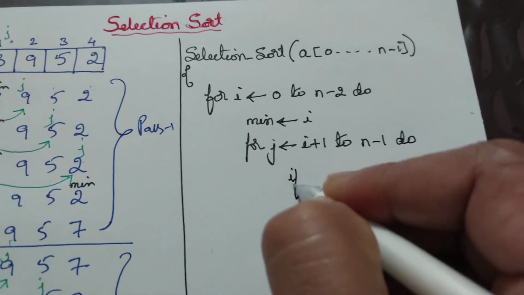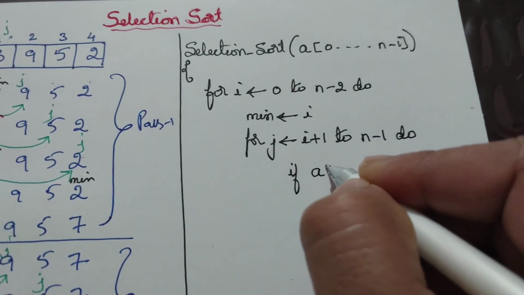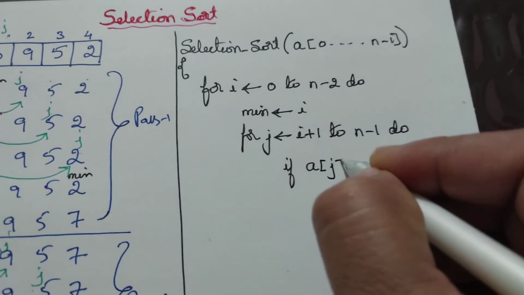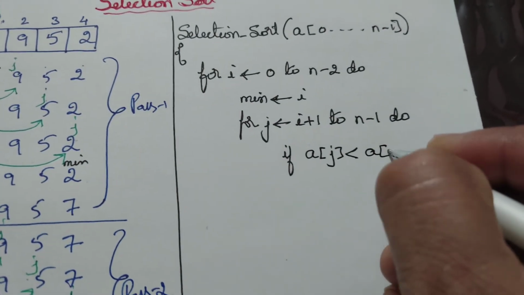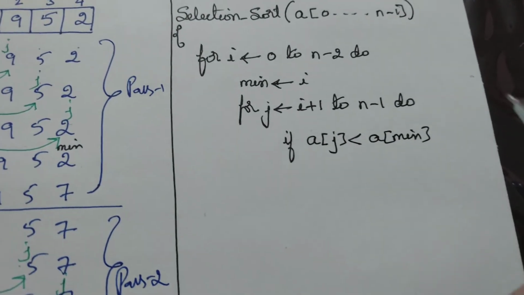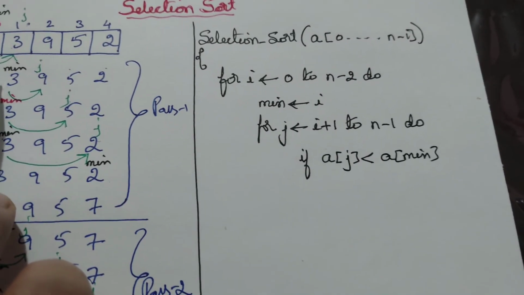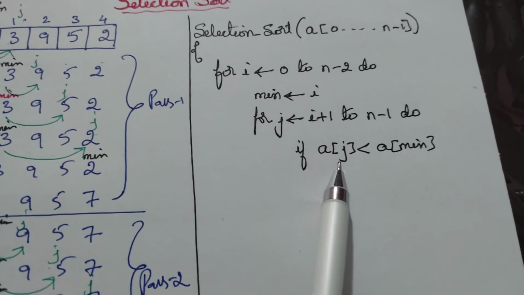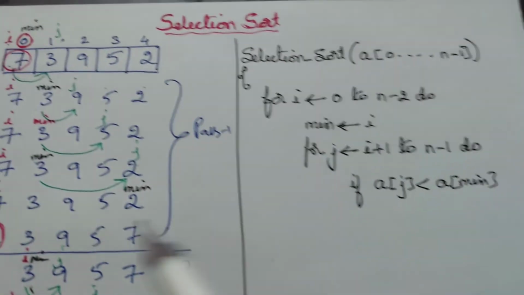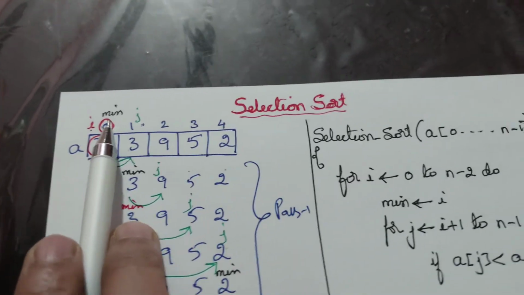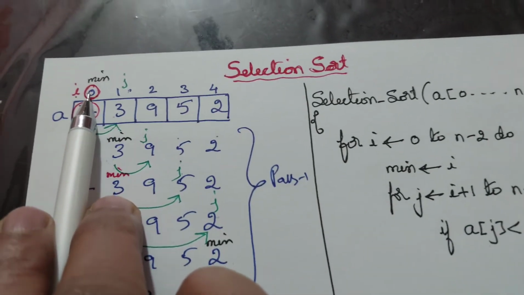Now we have to write the comparison. If A of j is less than A of min: I assumed the ith position has the minimum element. Suppose the jth position has the minimum element, what do we change? Here we assumed the minimum element is in position 0.